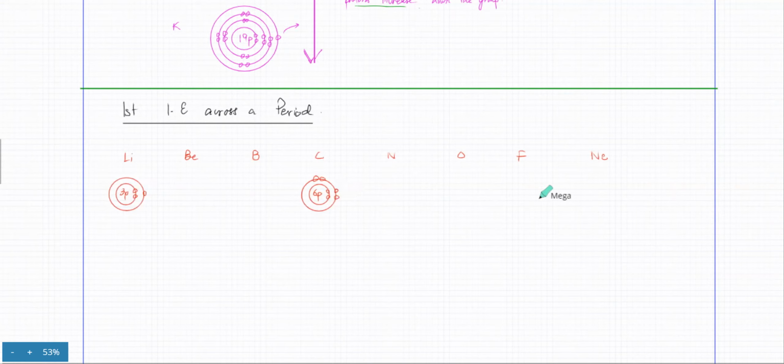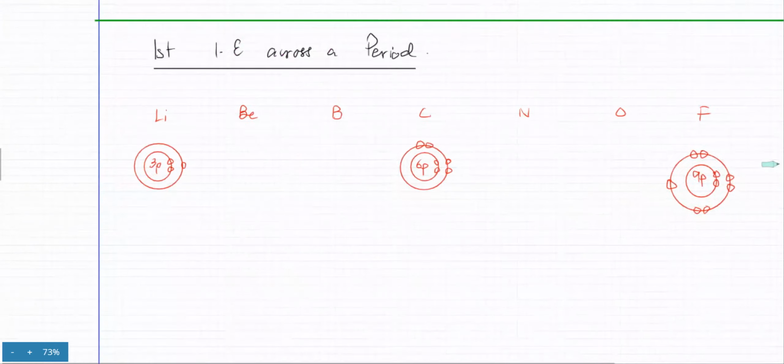And similarly, we can draw fluorine over here, which has nine protons and a total of nine electrons.